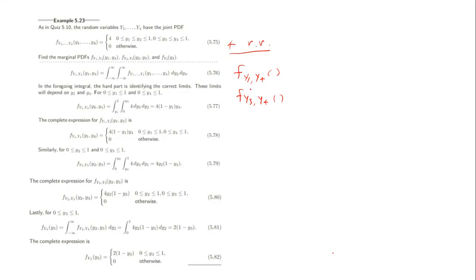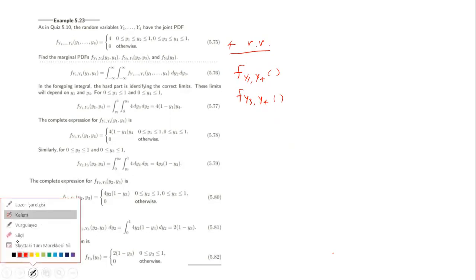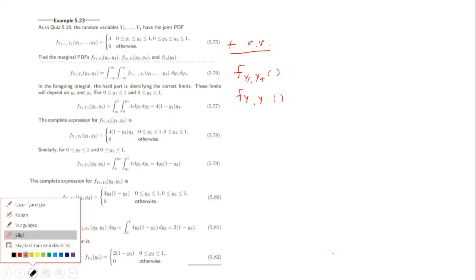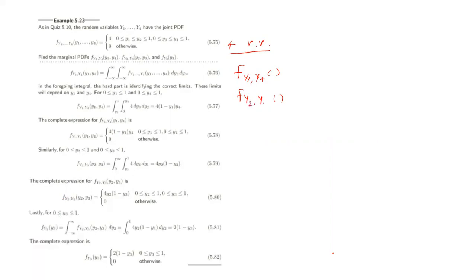From the previous slide, you can see the theorems. You can see how to write a joint PDF of Y1 and Y4 and Y2 and Y3. Okay, the formula is simple.